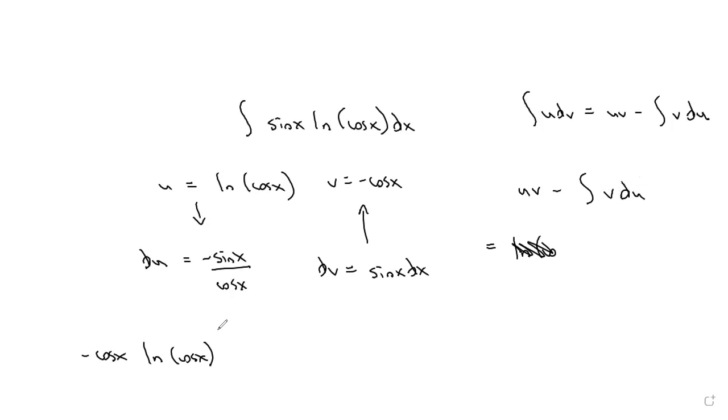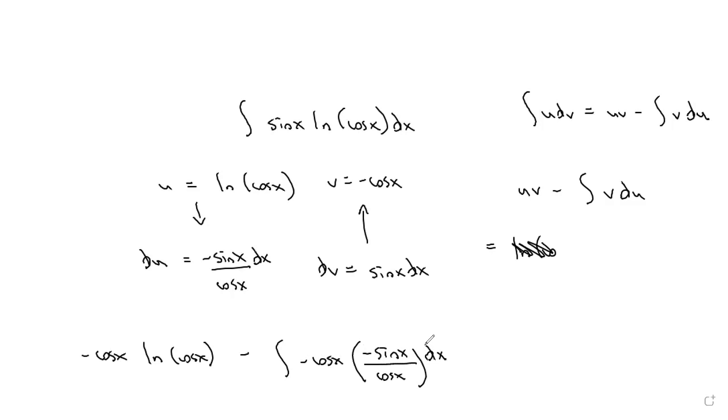Again, that's just for clarification for the reader. And then we have minus the integral of, okay, so v is minus cos x. Good, and then du is minus sine x over cos x. And then we need a dx. Oh yeah, there should be a dx right here.